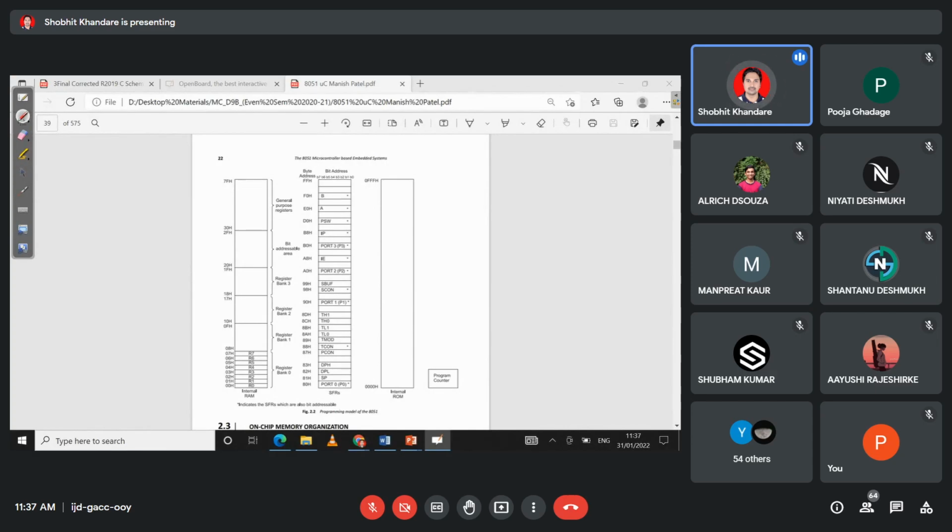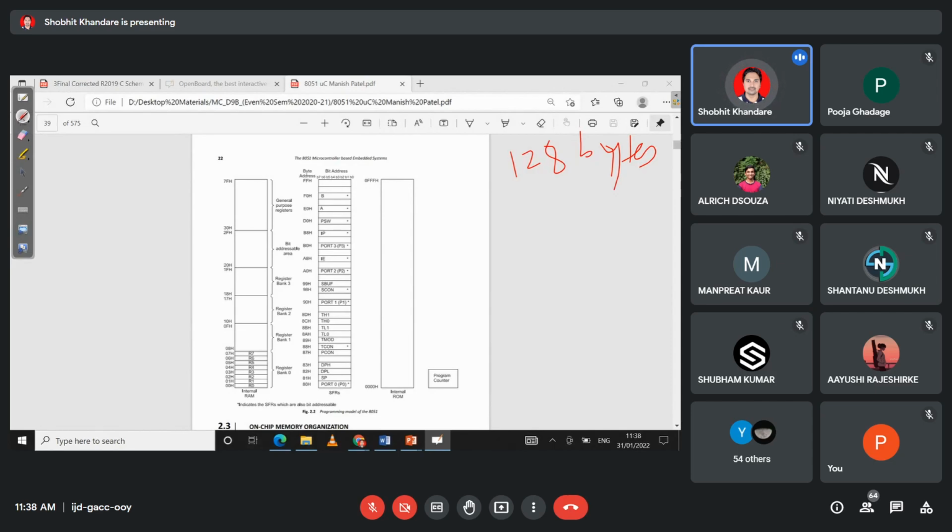As far as 8051 is concerned, tell me the size of internal RAM. That is also called data memory. What is the size of internal RAM for 8051? Yes, it is 128 bytes.